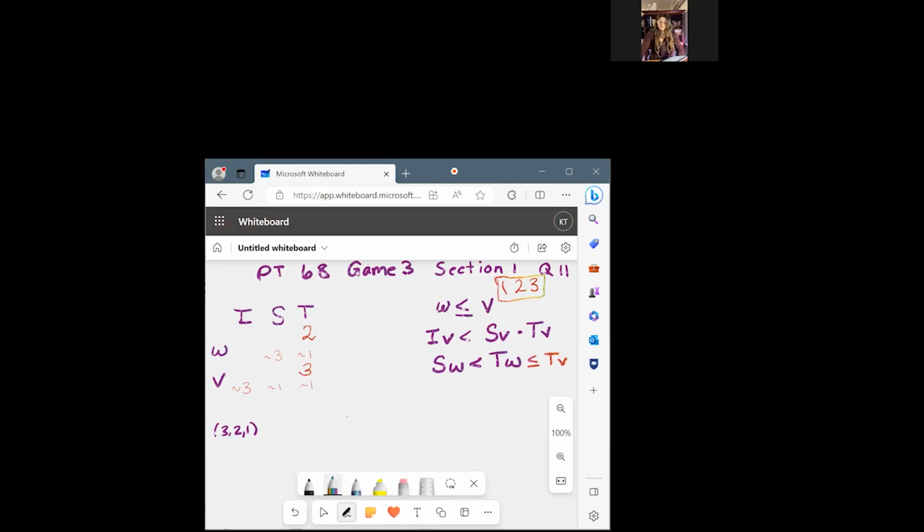Does anyone see some other deductions we can get from there? Look at all your rules. Do we know anything about SW?